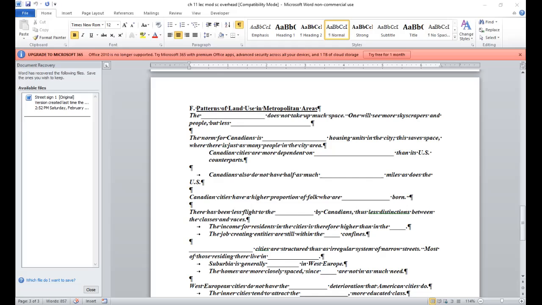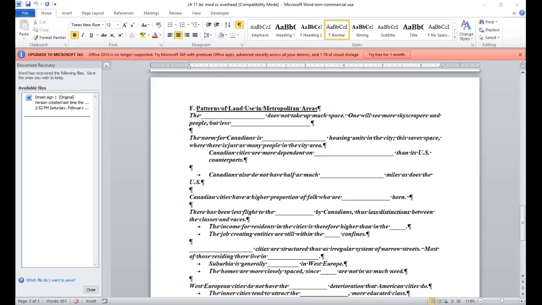There's been less flight to the suburbs by Canadians, thus less distinction between the classes and the races. The income for residents in the cities is therefore higher than in the United States, because your educated classes and your producers are staying in the central business district instead of bolting for the suburbs.